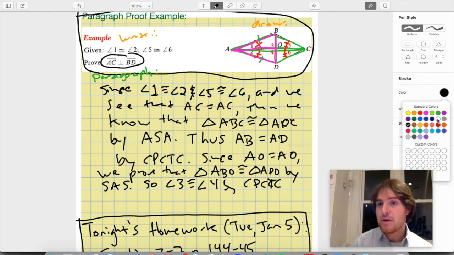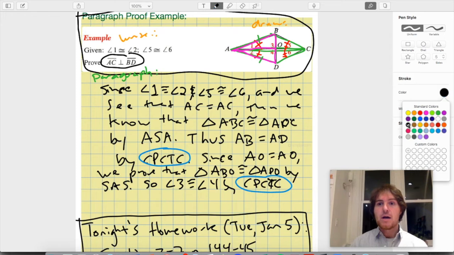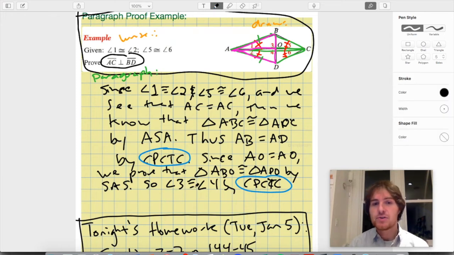And look at that, right? Big thing in this section again is to get double CPCTCs going. Be really geometrically awake, my friends. And then once we have that, so those two angles are congruent by CPCTC.